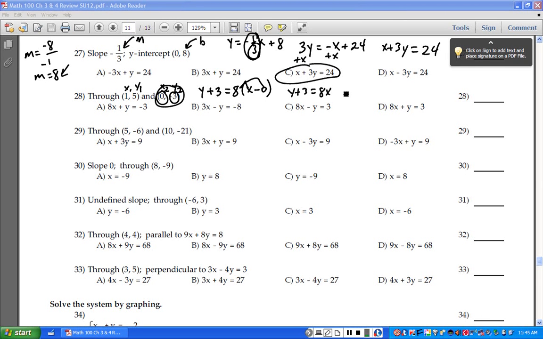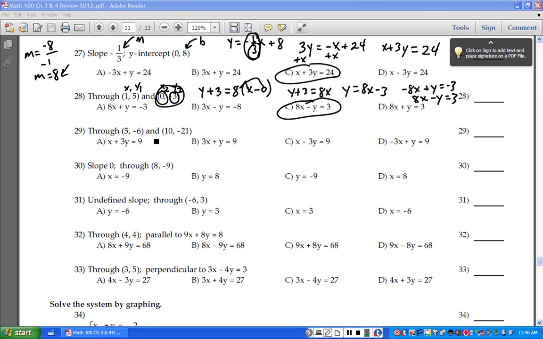Then if you subtract 3 from both sides, you have y equals 8x minus 3. Alright, so that's slope-intercept form. Put it in standard form, it becomes negative 8x plus y equals negative 3. If that's not an option, change this negative x to a positive x by multiplying everything by negative 1. And that gives you 8x minus y equals 3. So number 28, the answer is C. 8x minus y equals 3.